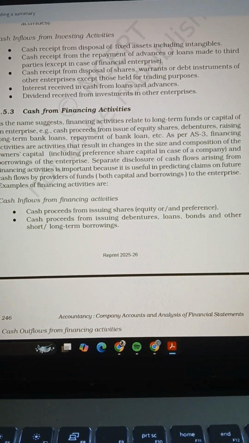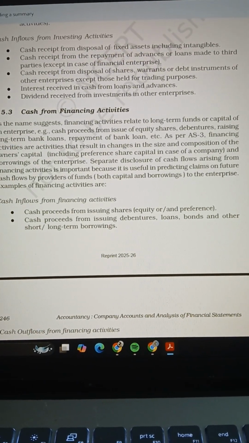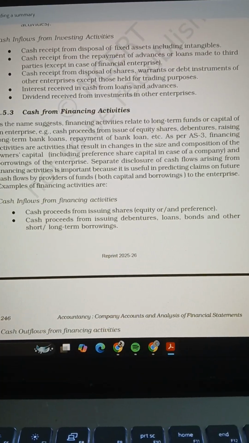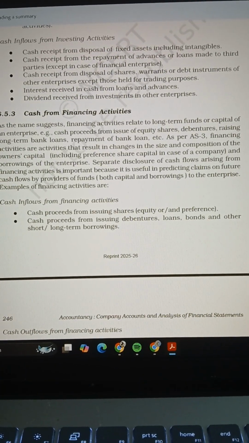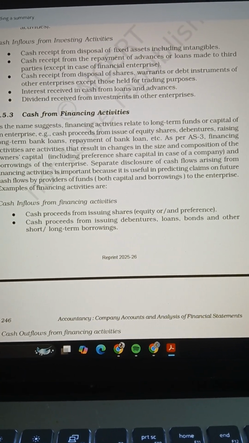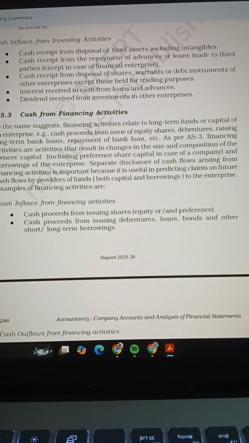Separate disclosure of cash flows arising from financing activities is important because it is useful in predicting claims on future cash flows by providers of funds, both capital and borrowings, to the enterprise.